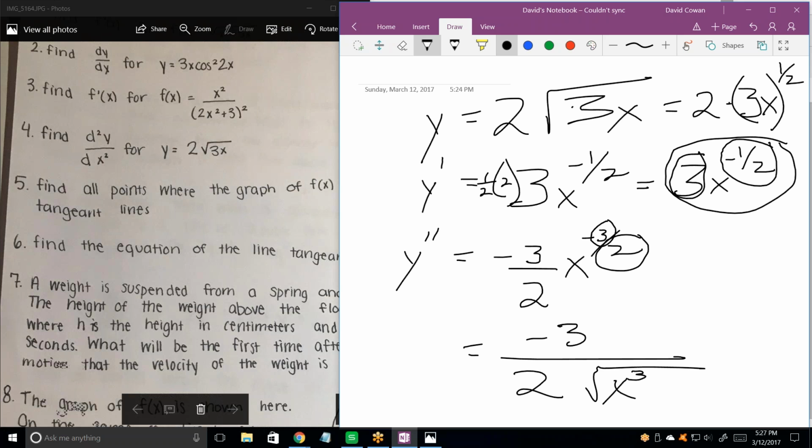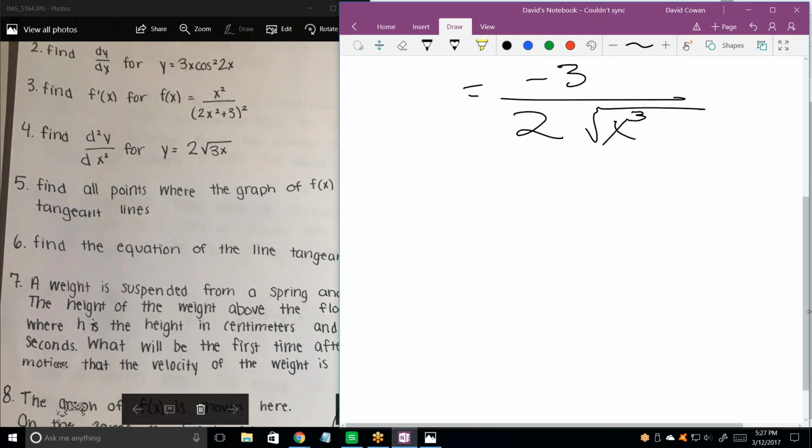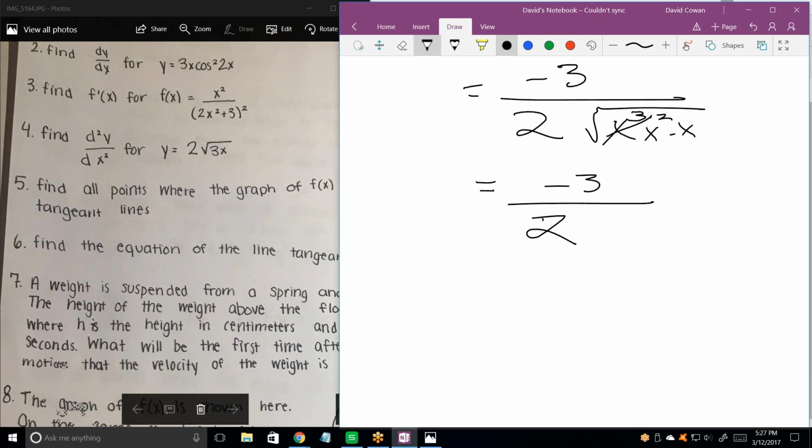Okay? But this is not simplified either. I can take an x out of that. See why? In other words, x cubed is the same as x squared times x, right? And now the square root of x squared is x. So I can remove an x from that radical sign and leave 1 behind. So there's my final answer.